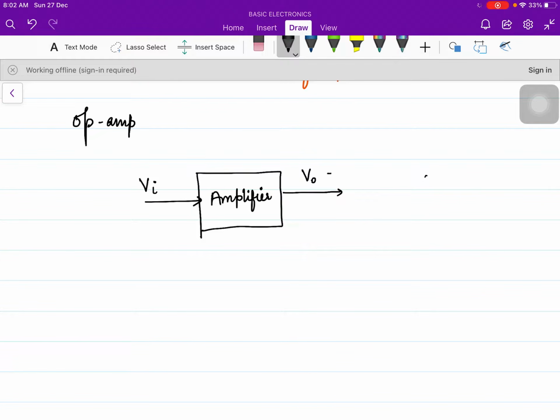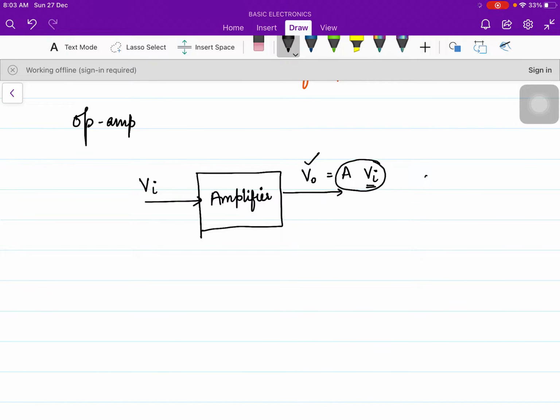Then V0 will certainly be gain multiplied by the input signal. That means this input signal has been multiplied by A, a certain factor, and hence the strength of this product, that is V0, has been increased. So that is an amplifier.